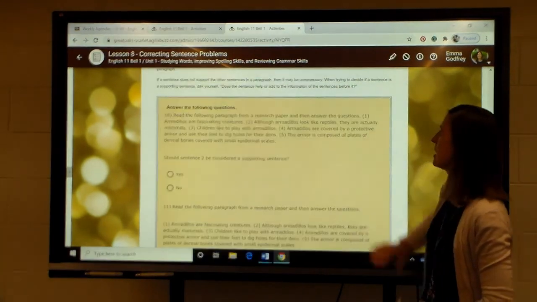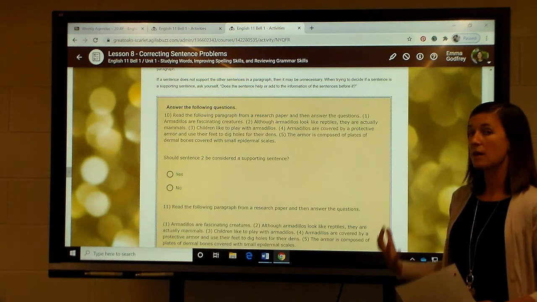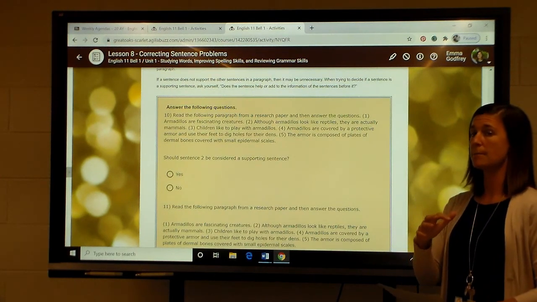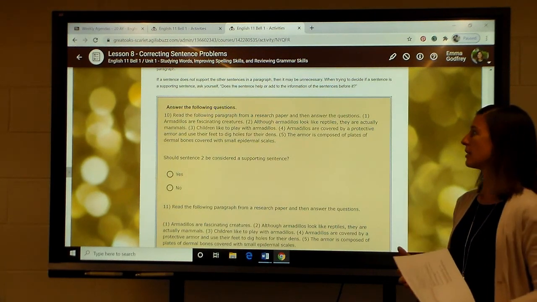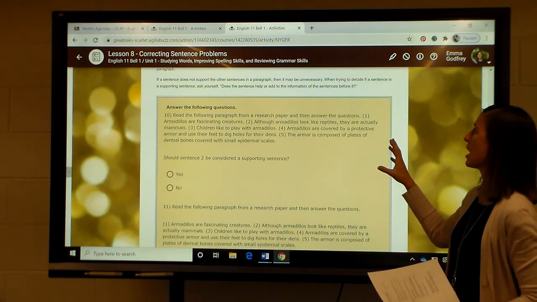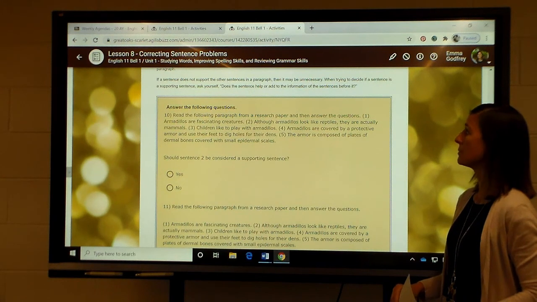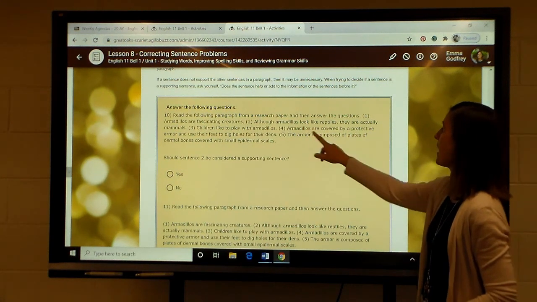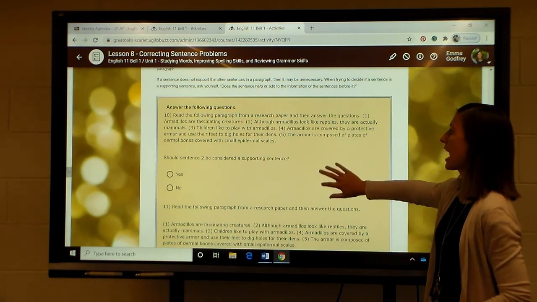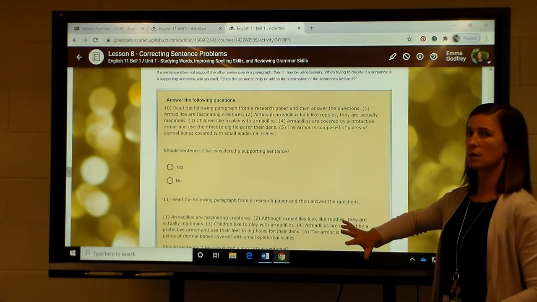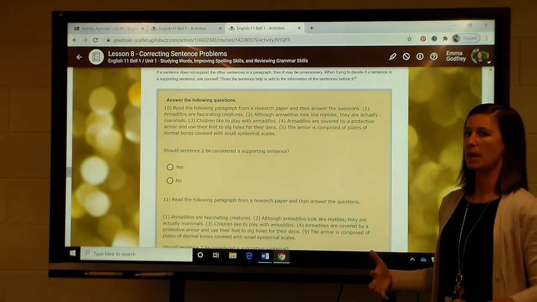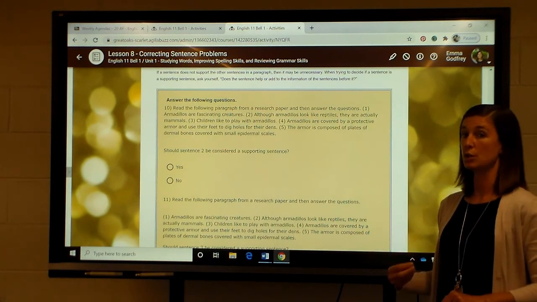Supporting sentences. Think about that research paper, or if you're constructing a paragraph, everything should fit together around the focus of that paragraph. The example they give you is, think about writing a research paper on armadillos, and then they give you 5 different sentences. They ask you, should this be a supporting sentence? If you were writing a research paper on armadillos, would you include it?